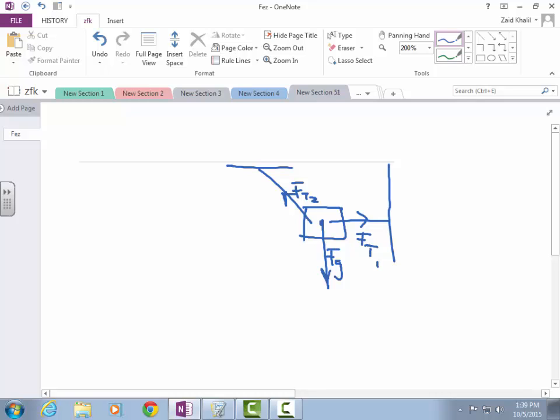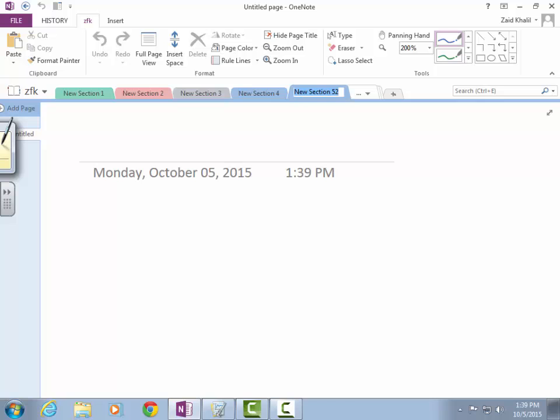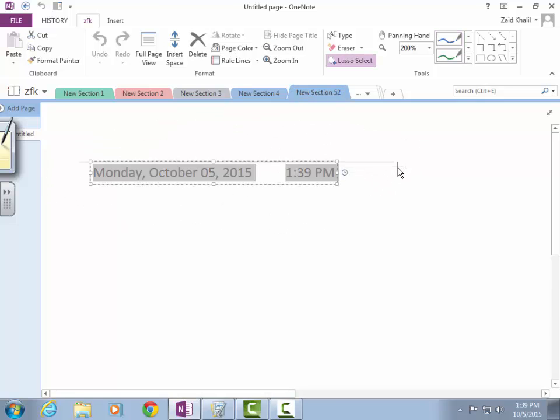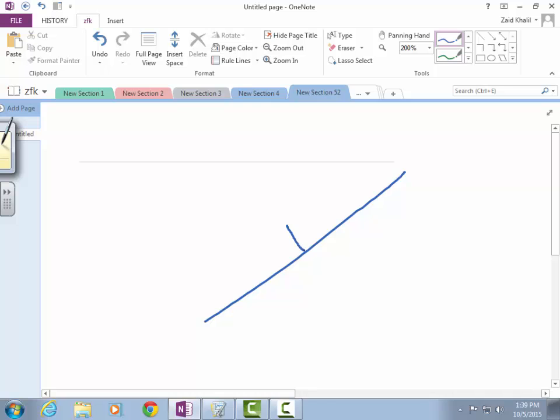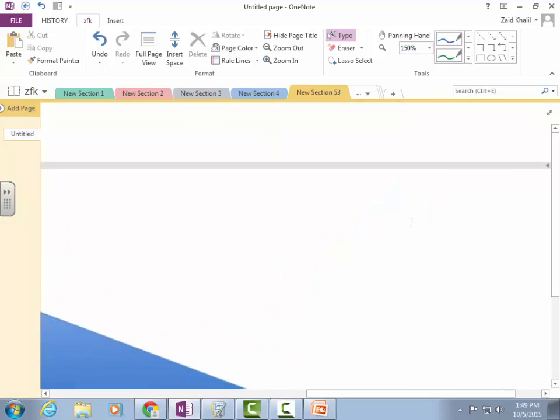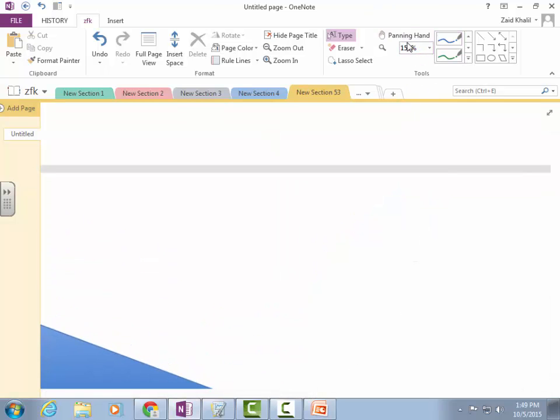30. A block is placed on a rough incline. So you have a block.